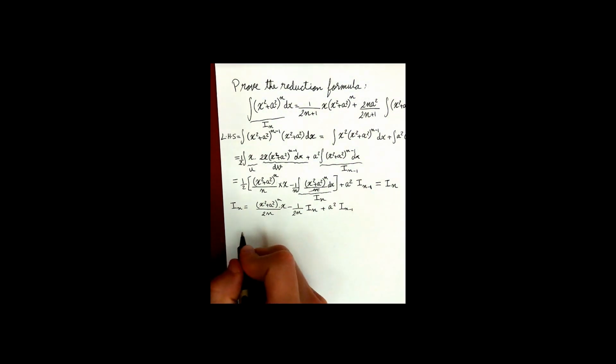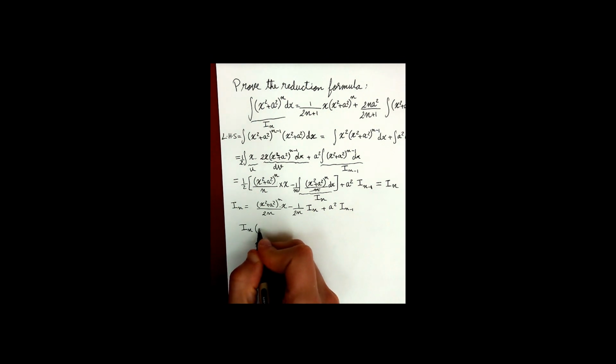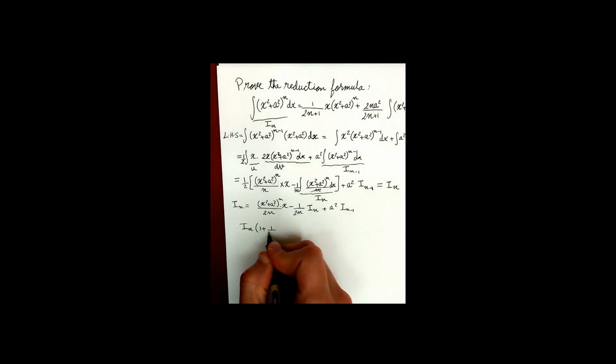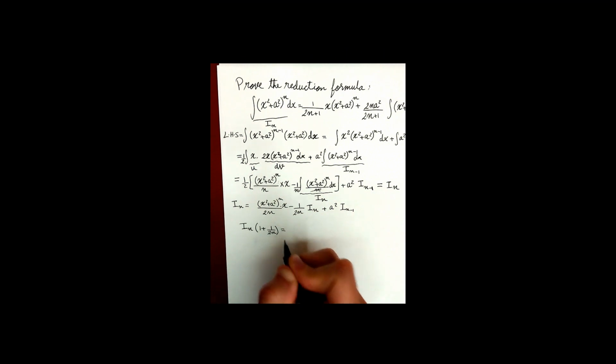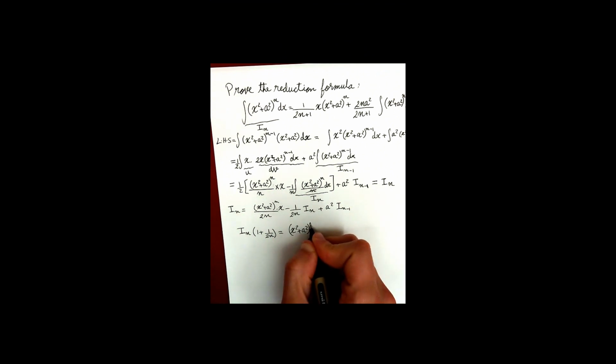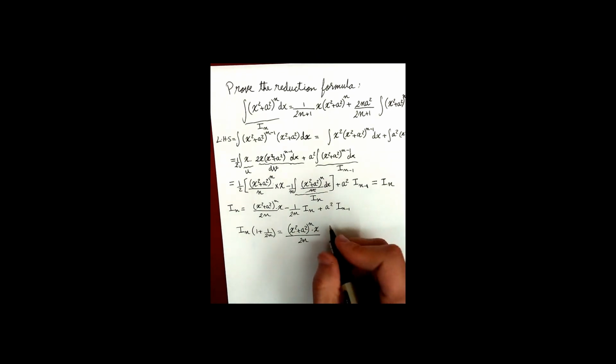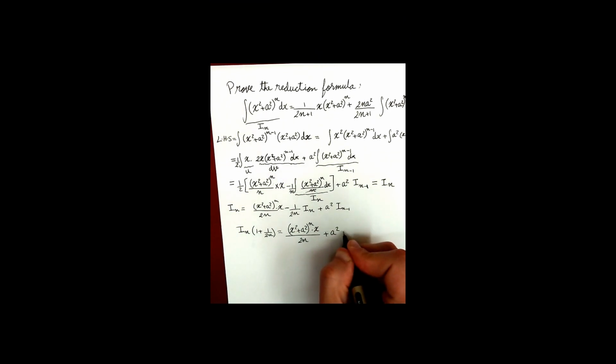It is only a matter of simplifying. So I will add the In's with each other. So 1 plus 1 over 2n, which is equal to x squared plus a squared power n times x over 2n plus a squared In minus 1.